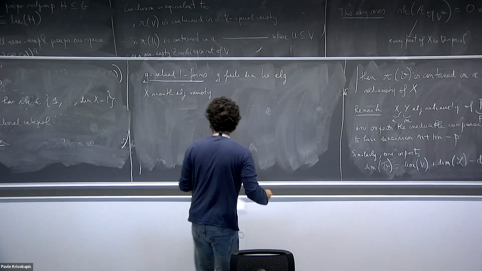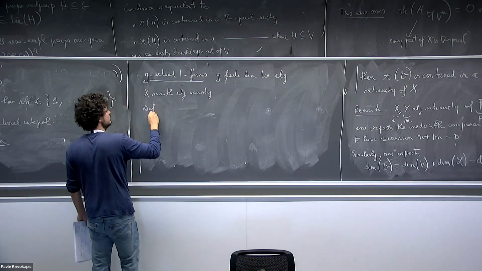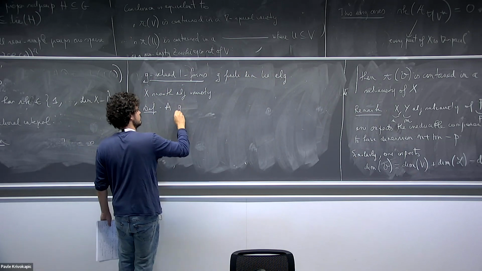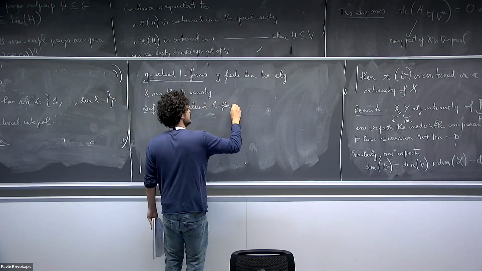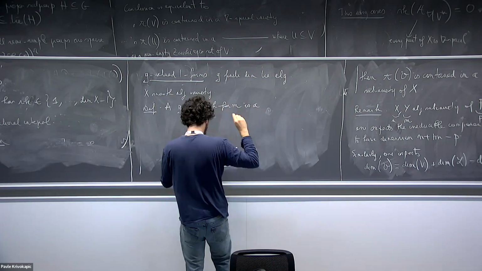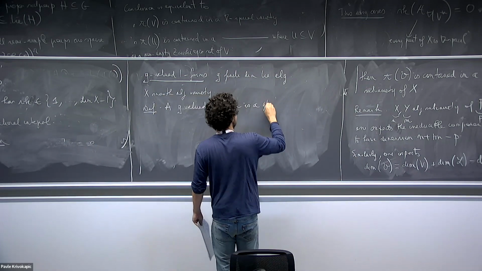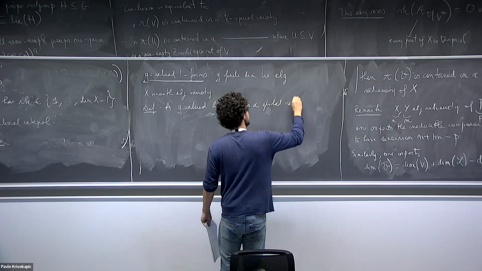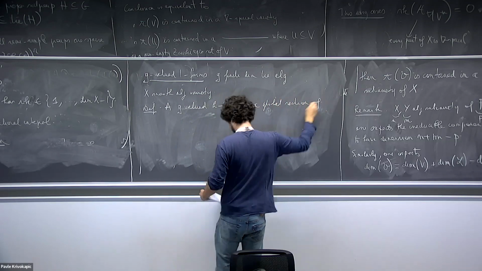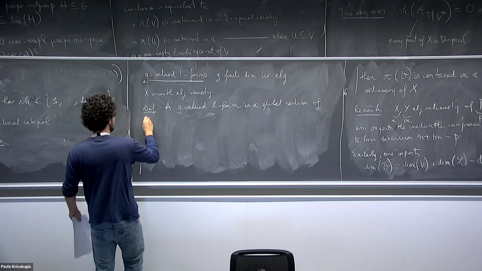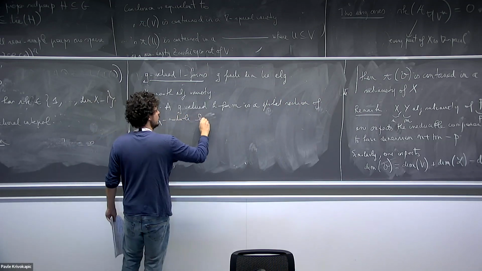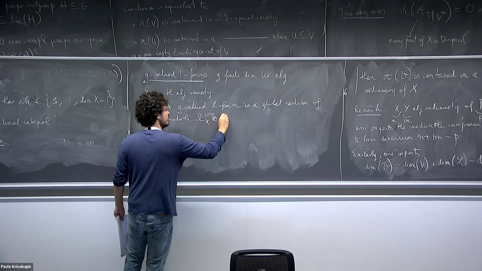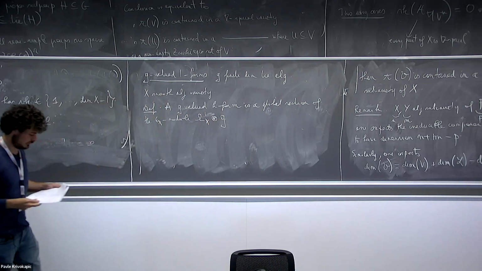A G-valued K form is a global section of the OX module, which is omega K of X, when you take the tensor with your Lie algebra.